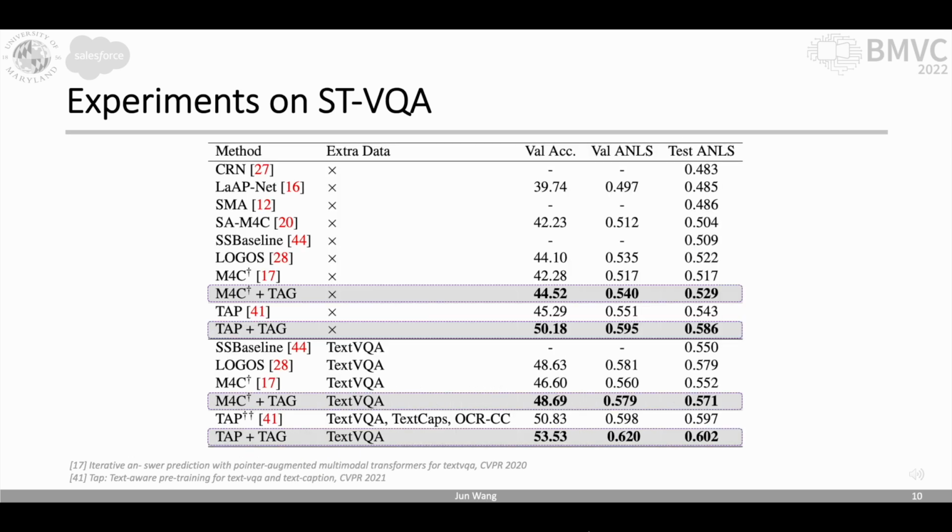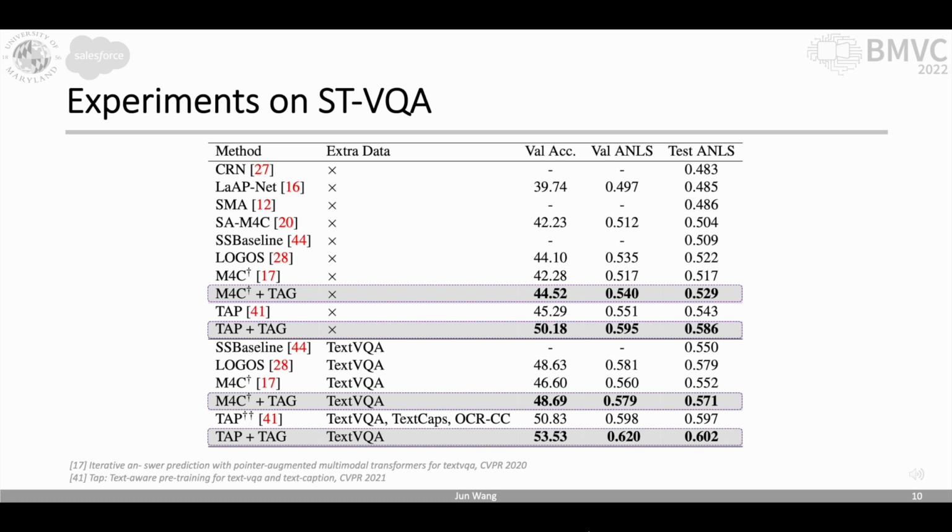We further conduct experiments on another popular dataset, ST-VQA. We could achieve better results here as well. On the top of the table, with the original ST-VQA training dataset, the SOTA baseline TAP can reach 45.29% on the validation set. On the other hand, with the augmented dataset and the same model, we can achieve 50.18%.